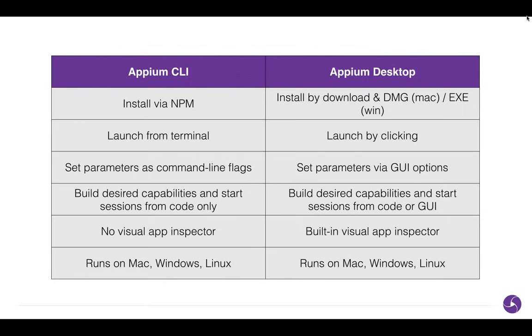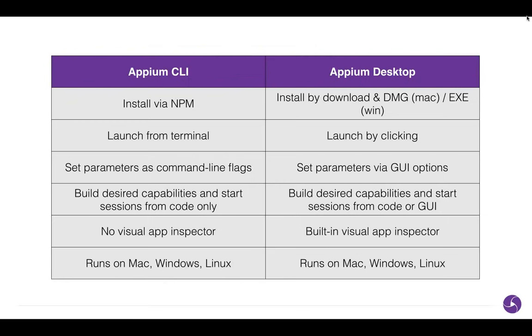So you don't actually need to break out your Java IDE or write a Python script or write a Node script or anything like that in order to launch a session just to poke around an app. So this is a really big improvement in just getting some desired capabilities working, starting a session, and playing around with Appium. Of course, the command line version had no visual app inspector.